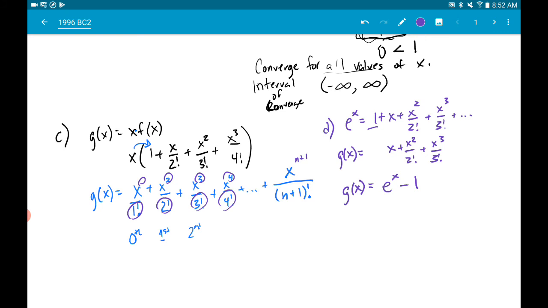And so, is that what it's asking for? Right, g of x in terms of a familiar function using series. Then write f of x in terms of the same familiar function. So we just keep going in circles. So f of x, which I lost track of what it is. I think f of x was this.